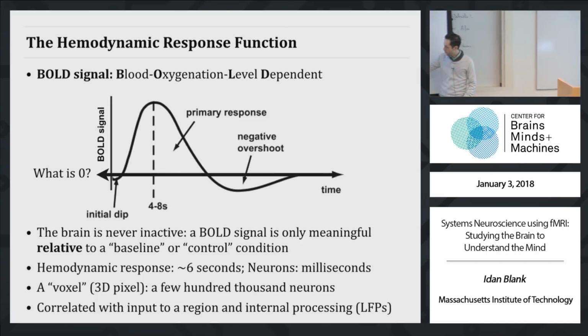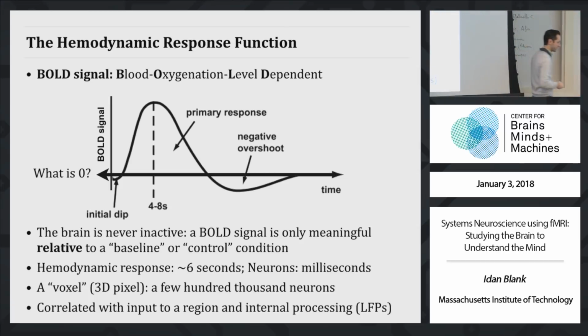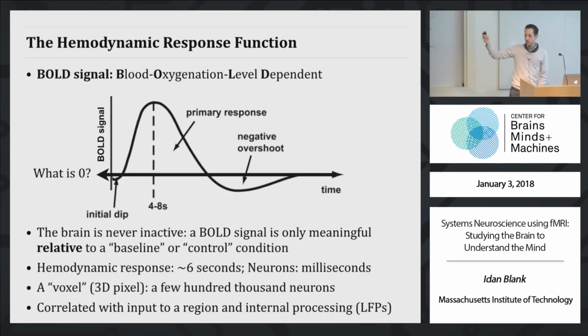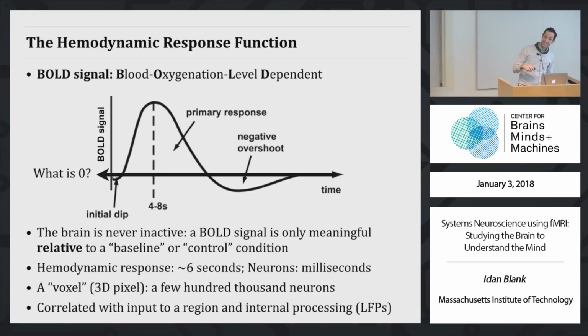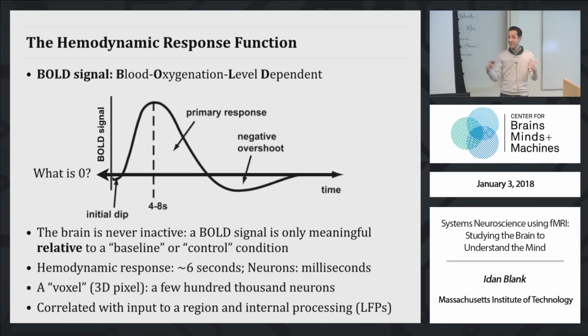And that's the thing that correlates the most with the fMRI signal, which I think is something many people get wrong, because we see images of the brain with this bright, beautiful spot in a paper, and we think, oh, that region is sending some information when it's lighting up. Well, actually, it's getting some information and processing it. Now, it's true that a region that gets information and processes it usually sends it to the next stage, but that doesn't always have to be the case.